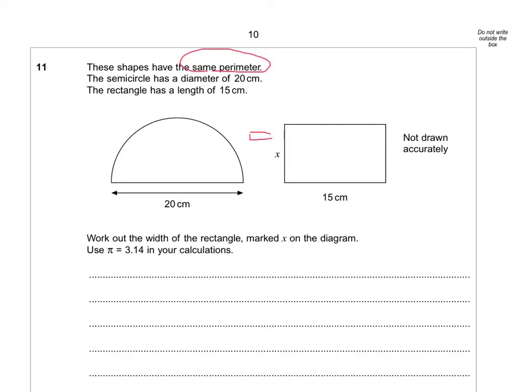So looking at the semicircle first, the perimeter of the semicircle is the curved bit plus the straight bit. If we think about the curved bit, the formula is C equals pi d for the circumference of a circle, and this is half the circumference of a circle.